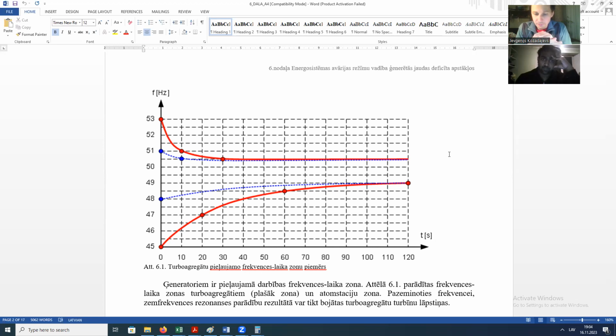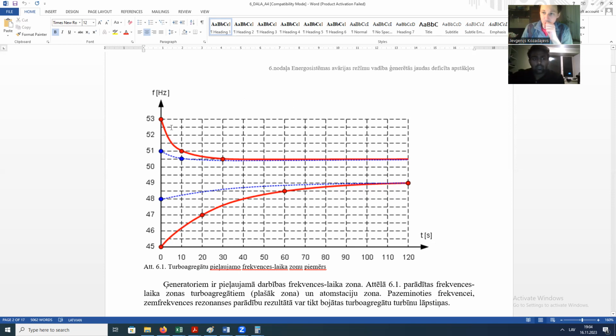And this figure represents the times and frequencies, possible times and frequencies for the steam turbines, for the steam generators, for CHPPs. What we could see here, first of all, is the frequency here, and the time here.